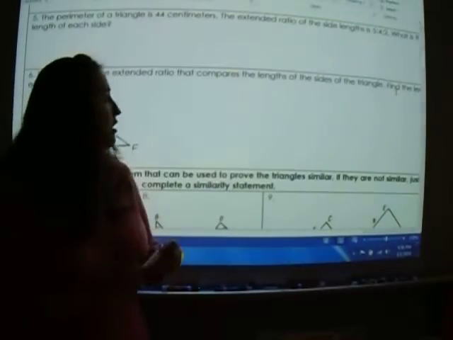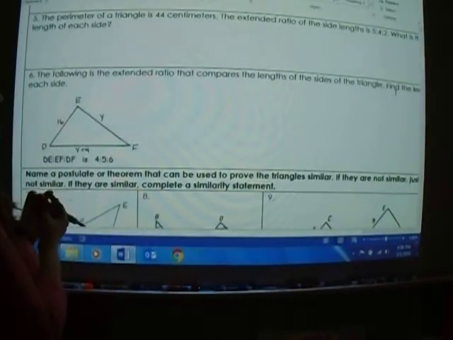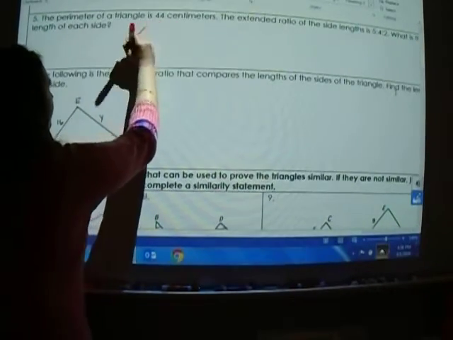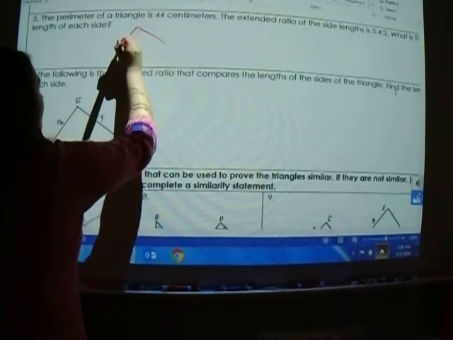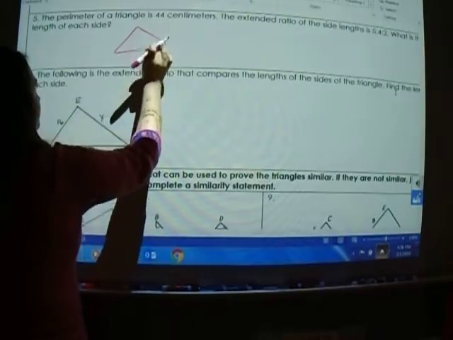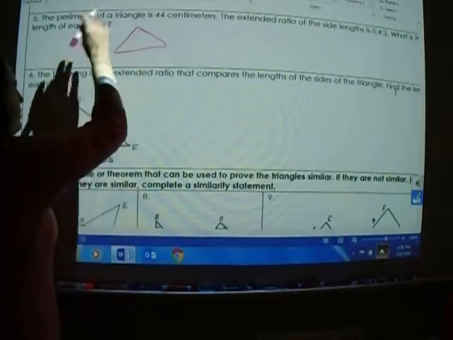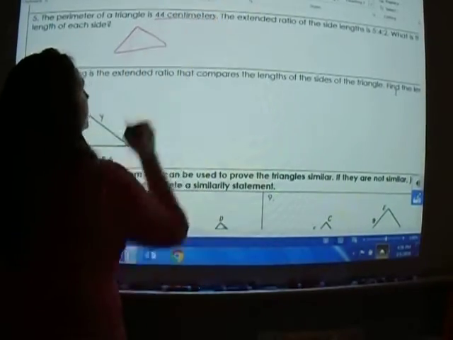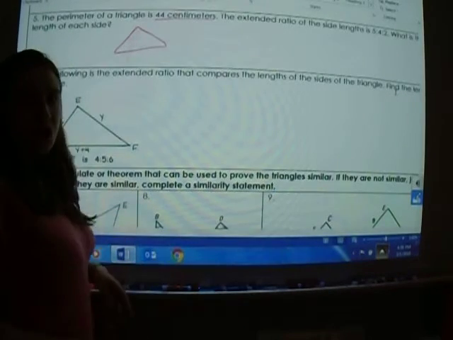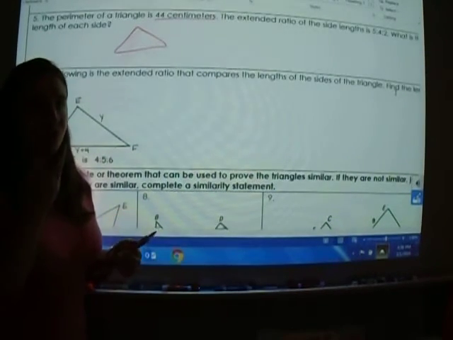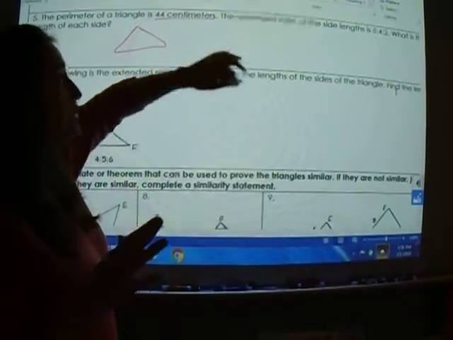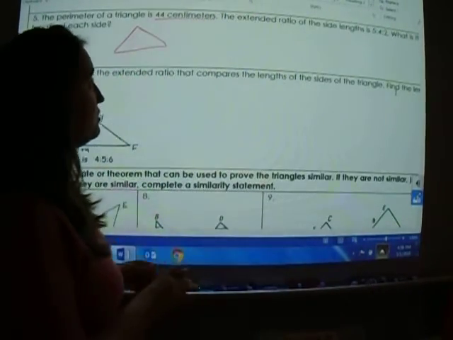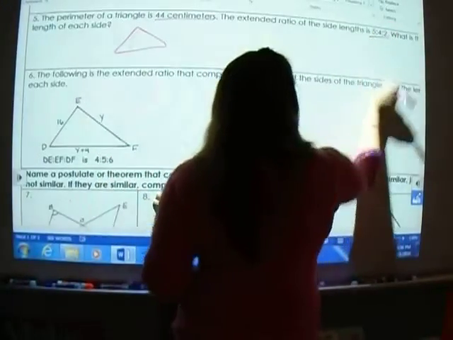Okay. The perimeter of a triangle, the perimeter is this side plus this side plus this side. So the perimeter is 44 centimeters. And the extended ratio, remember an extended ratio is a more than 2-part ratio. In this problem, it's a 3-part ratio. So the side lengths are in the ratio 5 to 4 to 2.